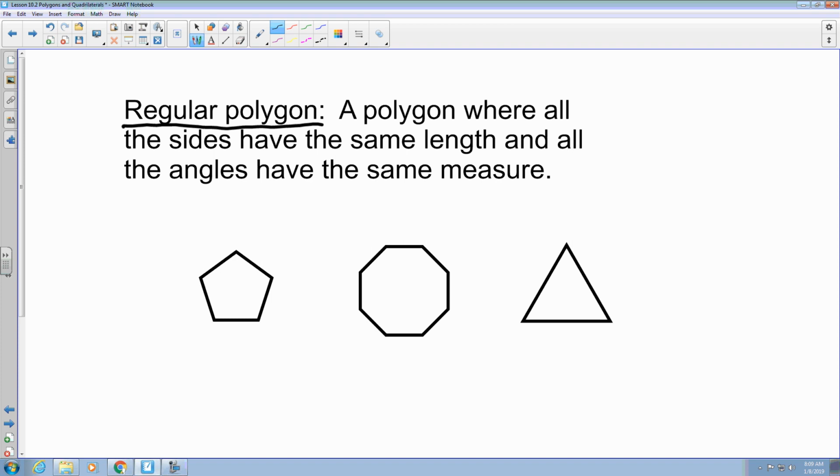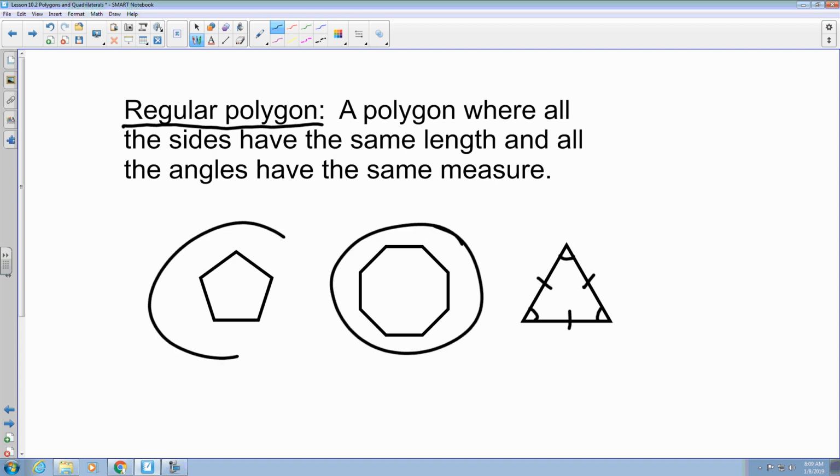So if you look at this triangle, we have all the same side lengths, and each one of these angle measures are the same. That goes with this shape here and this shape here. Same rules apply. All the sides are the same, and all the angle measures are the same.